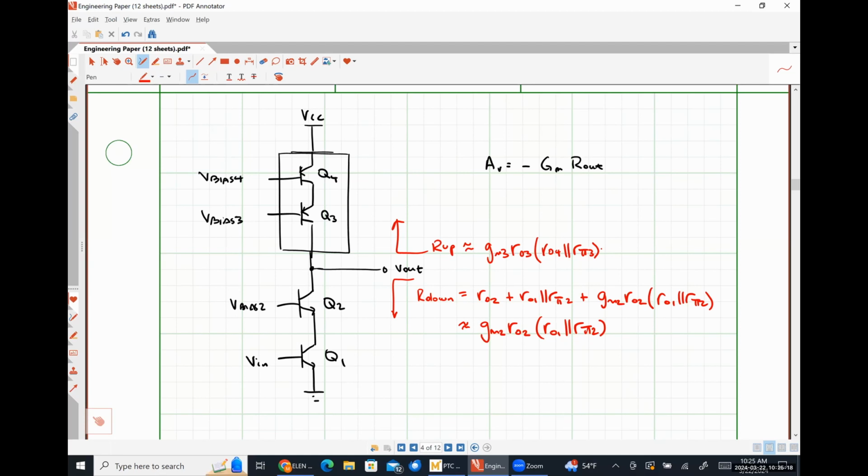So just as a slightly different perspective for analyzing circuits, and we've kind of sort of been doing this already.